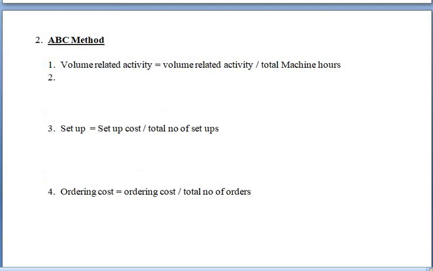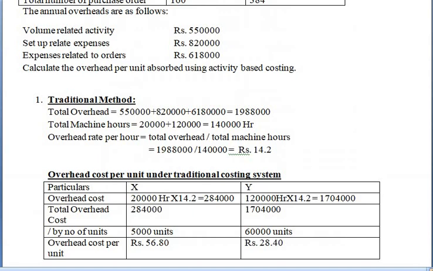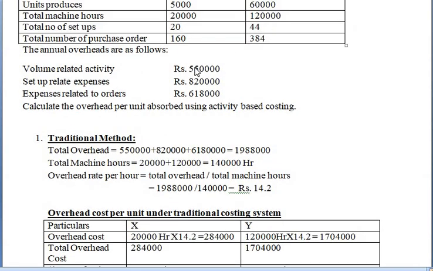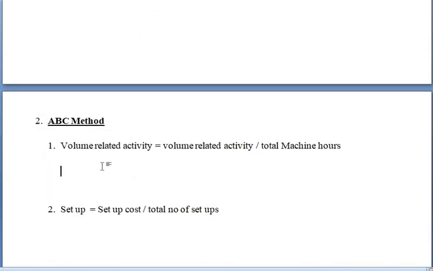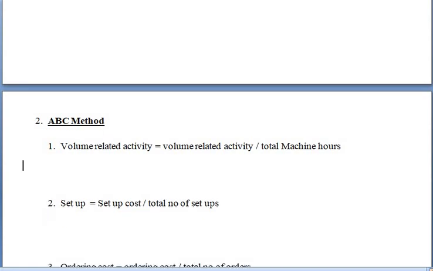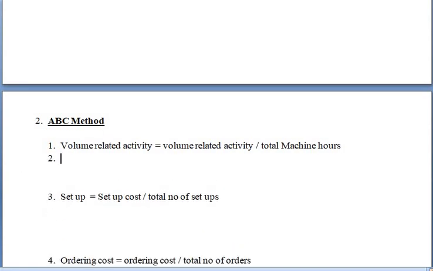So first calculate activity driver rates. What's the volume related activity cost? Volume related activity cost is 5,50,000. So 5,50,000 divided by, this is based on total machine hour.